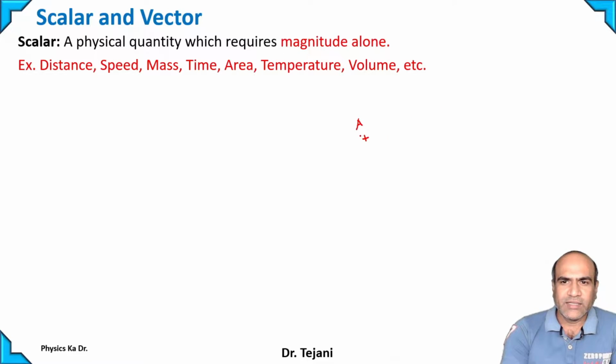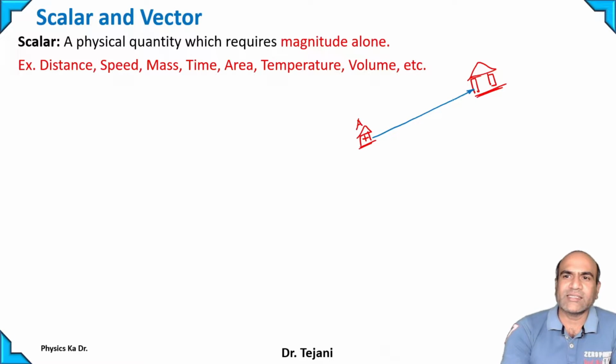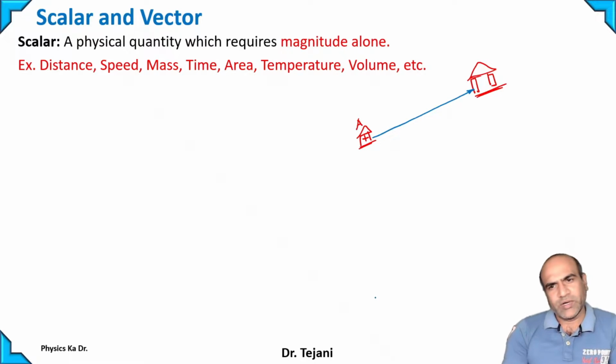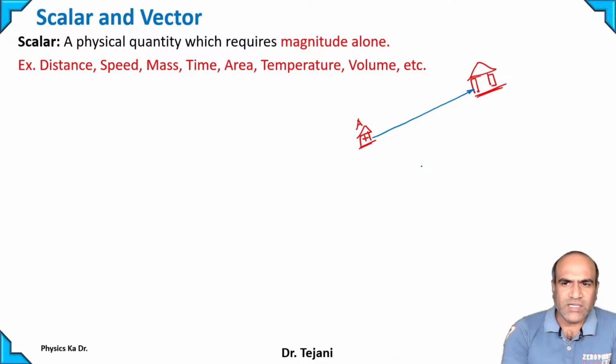This is the place where she lives, that is her house, and somewhere here her school is located. As per her mother's thought, she should go from home to school directly, and this is somewhat the straight distance where the school is located.